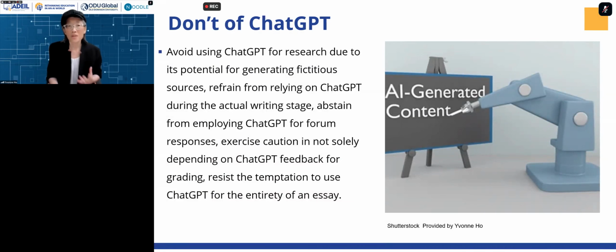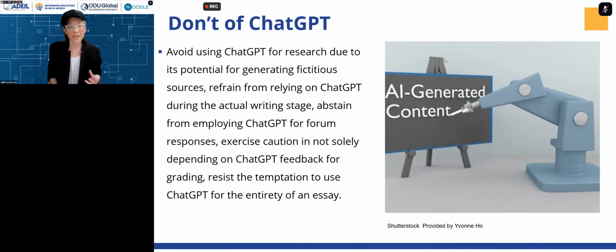I would still avoid using ChatGPT for research due to its potential for generating fictitious sources, and also refrain from using ChatGPT during the actual writing stage, and also abstain from using ChatGPT for forum responses so that students can then write about their personal thoughts, original thoughts, and not depend on ChatGPT.